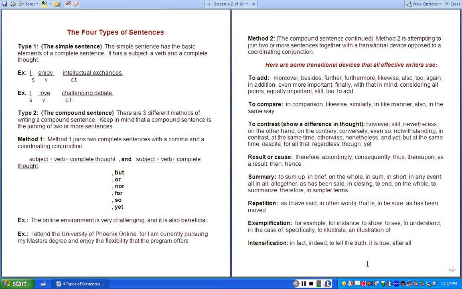And my job in this presentation is to explain to you the 3 ways in which those sentences can be joined together. There are 3 different ways we can do it, okay? And the great news for you is that if you learn how to join these sentences together, a lot of your writing problems are going to go away.